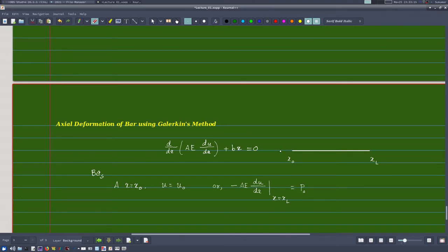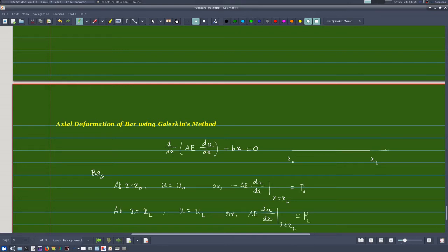And similarly in the right hand side at x equal to xl, I may have either u equal to ul, or I may have force equal to PL, which is, this time it will be positive, AE du dx at x equal to xl is PL, okay.